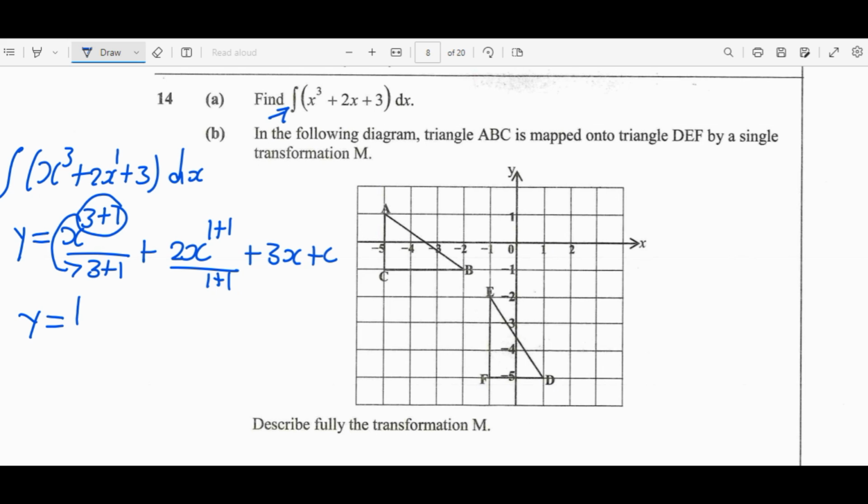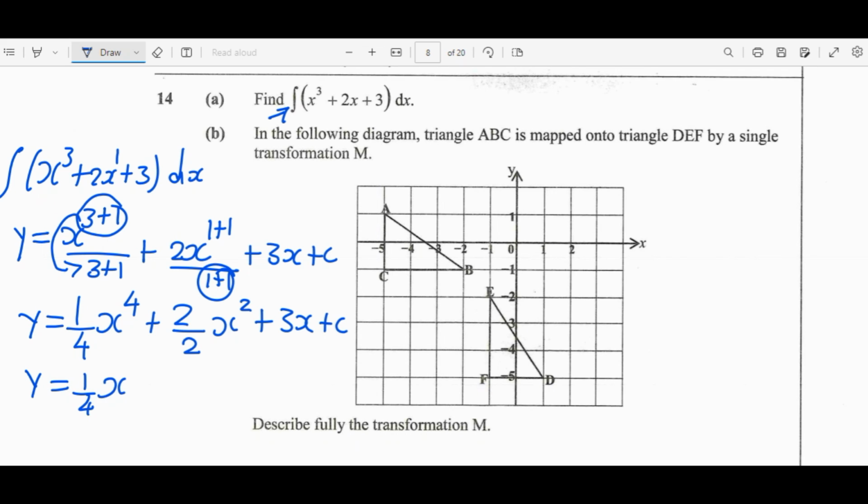So we know that it's 1 over 3 plus 1, which is 4, times x raised to the power 4, plus 2 over 2 times x raised to the power 2, plus 3x plus c. So the final answer is 1 over 4 times x to the 4th. We can cancel this, giving us x squared plus 3x plus c.